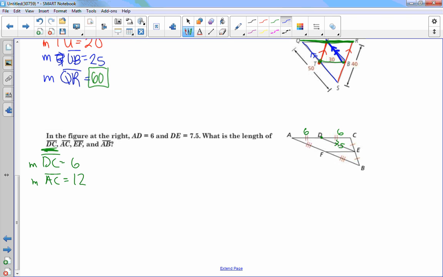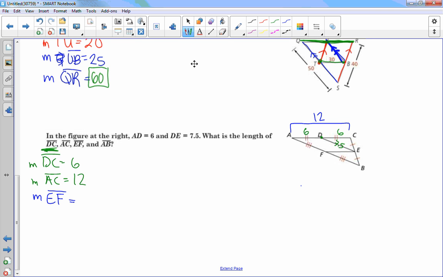Okay, let's find EF. Now that we know this whole side is 12, look at where EF is. Does anyone have a vocabulary word for what type of segment EF is? Nope, it's a segment.